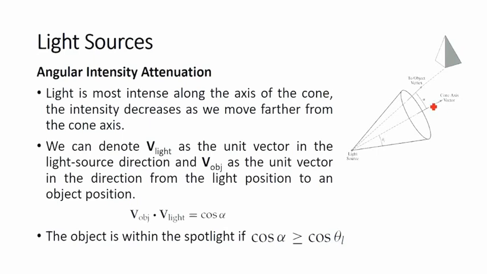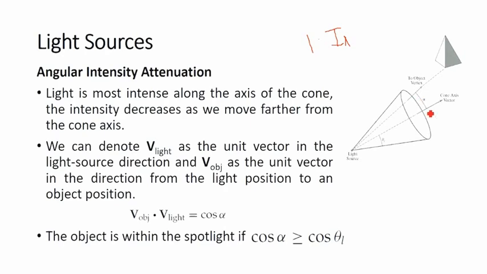Then if alpha is 0, that is if this object is directly under the cone, then there should be no attenuation. So the incident light, whatever will be there, should not be attenuated.